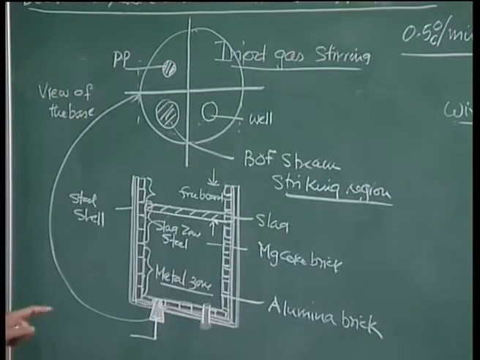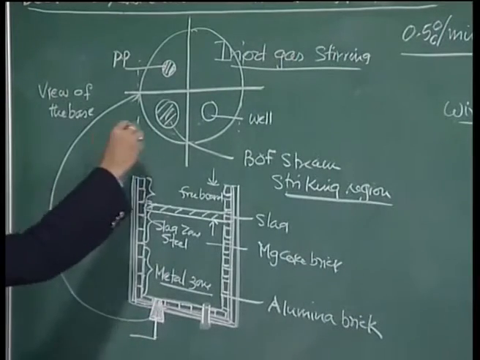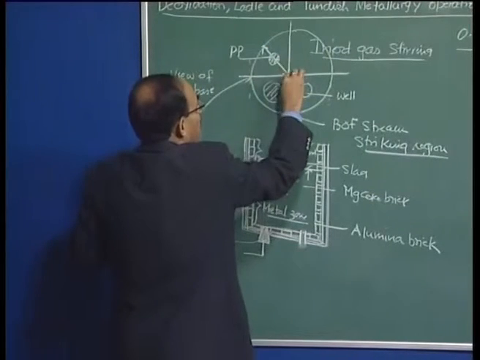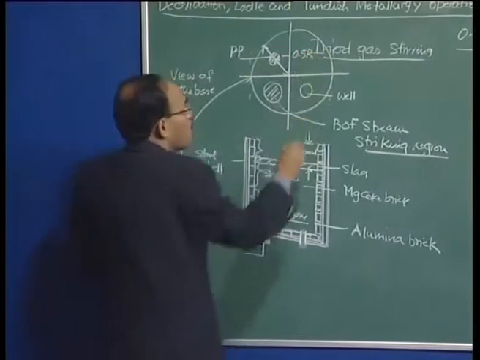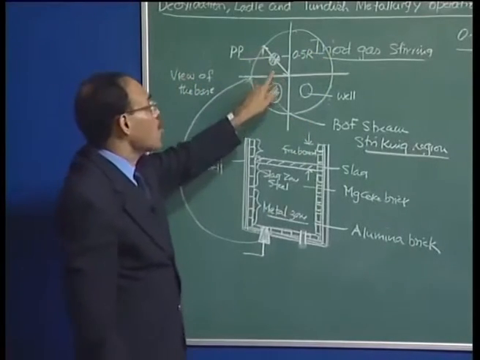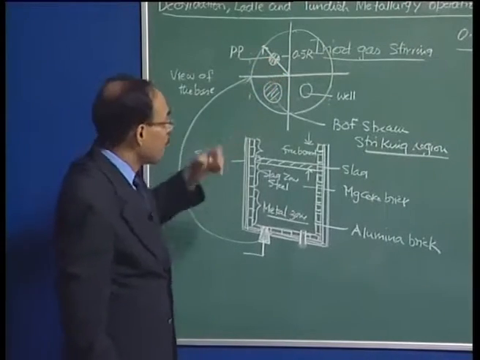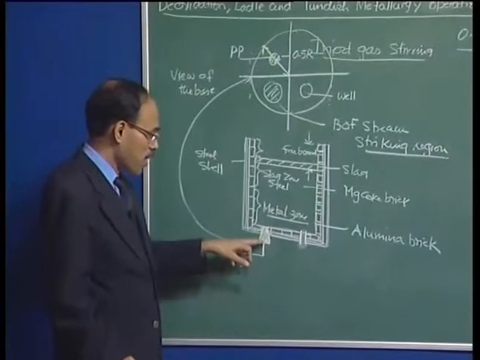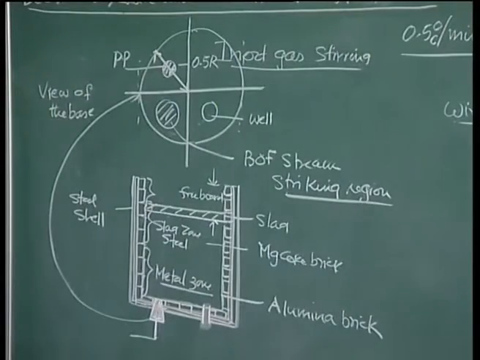Now, the plug, as I have shown here, is typically located, if this represents the R value, at roughly about 0.5. So 50% of the bath radius position, or we say that the porous plug is located typically at mid bath radius position. The number of porous plugs may be 1 or 2 depending on the size of the ladle.